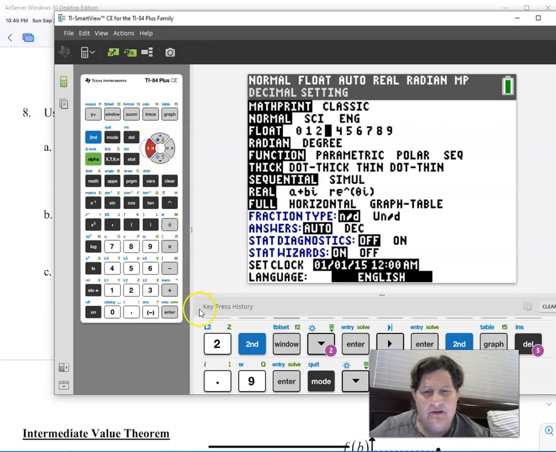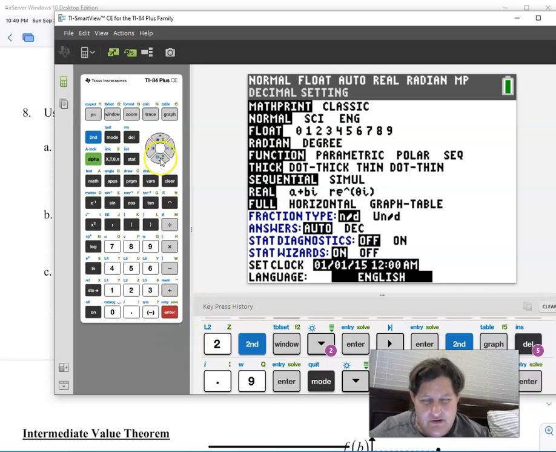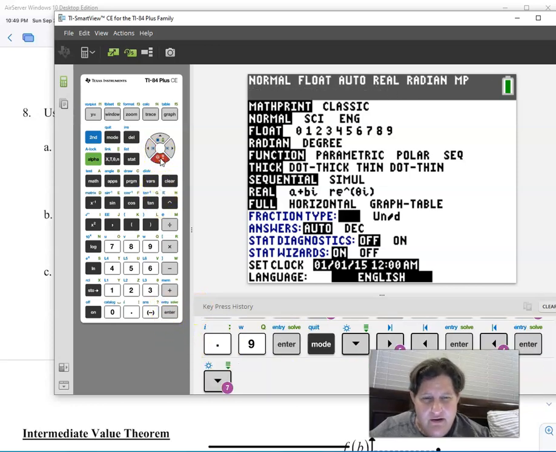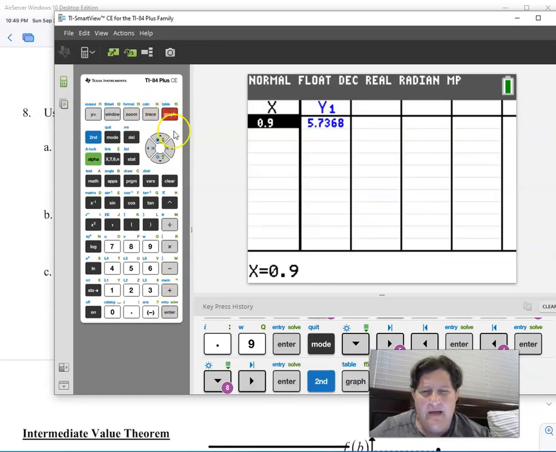We only have to go to 3 decimal places. Actually, don't worry about changing this on your calculators. I'm just tired of that. Answers, we're going to say decimal. Okay, cool. So there's 0.9. I don't have to convert it.